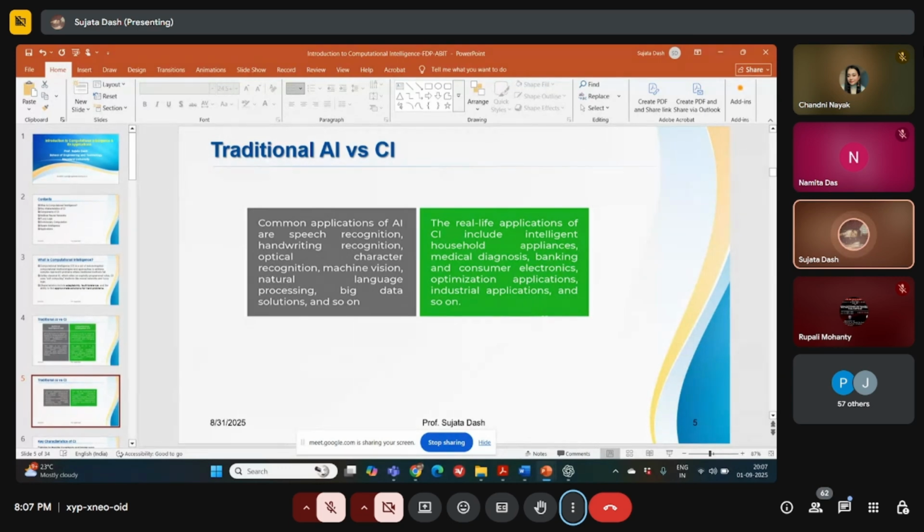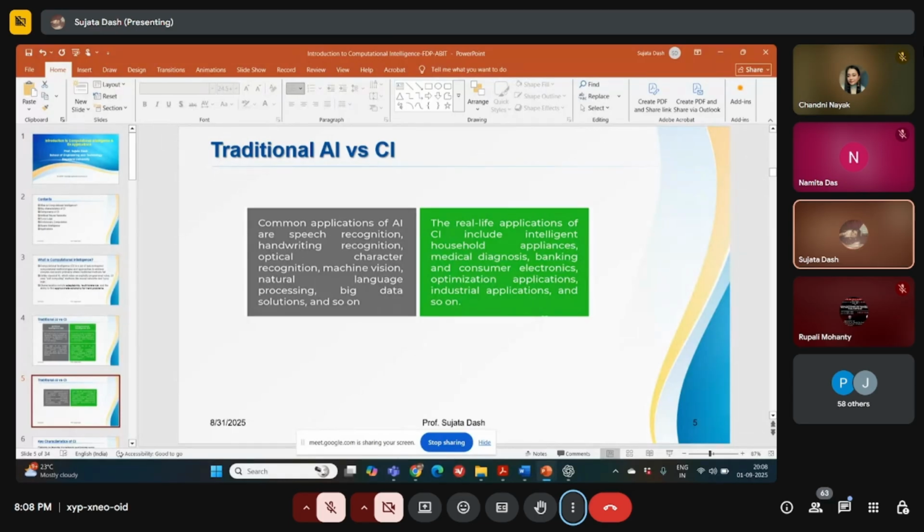It can also be applied in industrial problems like robotics, fault detection, and process control in manufacturing plants, where we find the environments are uncertain and constantly changing. So these are the common applications of AI and the real life applications of CI.